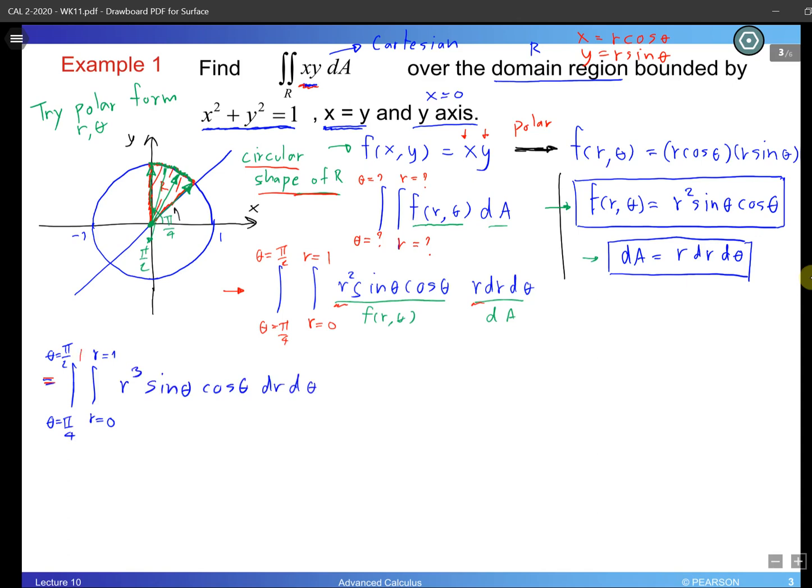So starting from the inside, inside integration with respect to r.